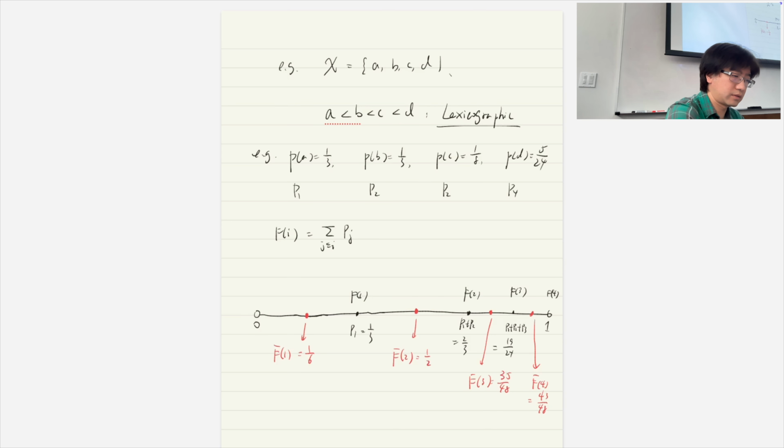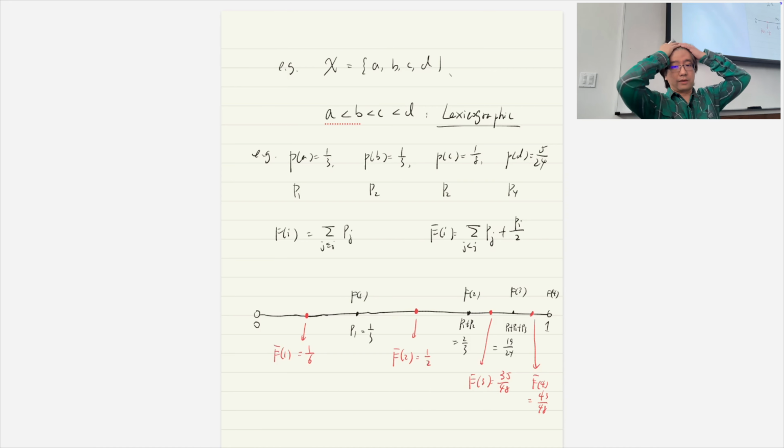Here we define Fi bar as the sum over all Pj with j less than i, and then we add Pi/2.